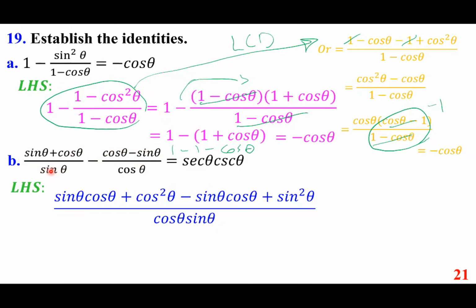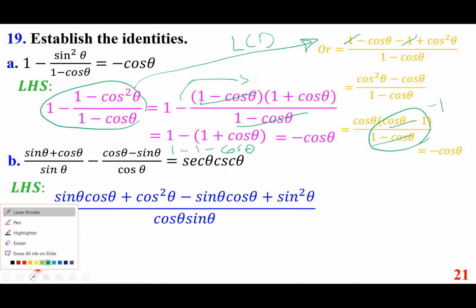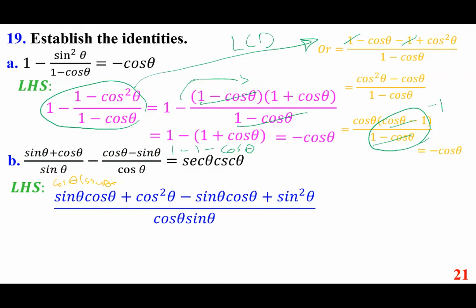So I can sort of put it at top in case. I can write this one as cosine theta times sine theta plus cosine, and then I'm going to write minus sine theta times cosine theta minus sine theta.